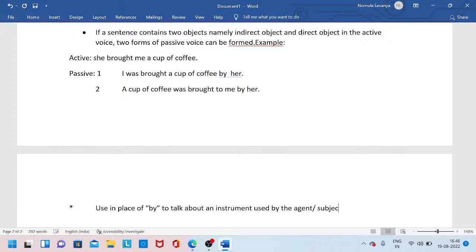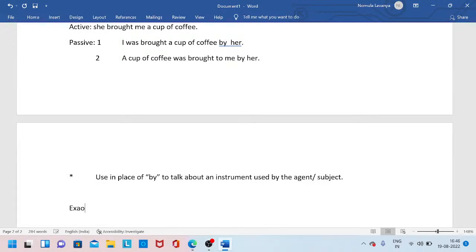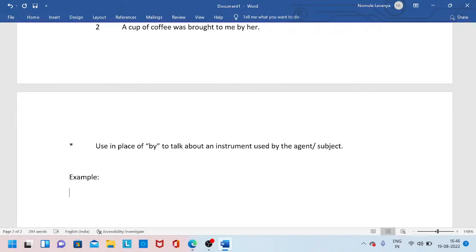So we'll have an example, then you will get it easily. Example: in active, somebody hit the dog with a stick. So in passive it changes again to two.